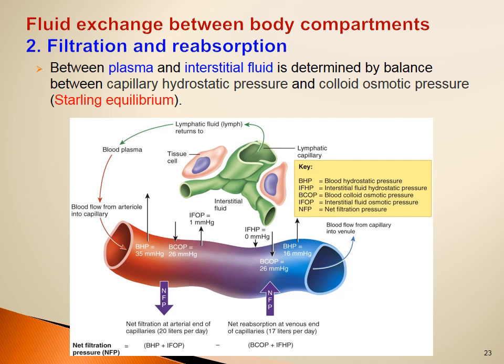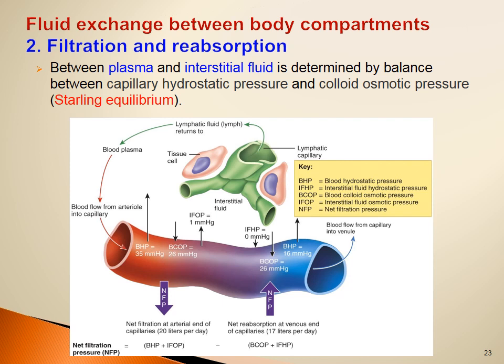As I said, water will move with its solutes from the plasma to the interstitial fluid in a process called filtration, and it moves back from the interstitial fluid to the plasma in a reverse process that is called reabsorption.